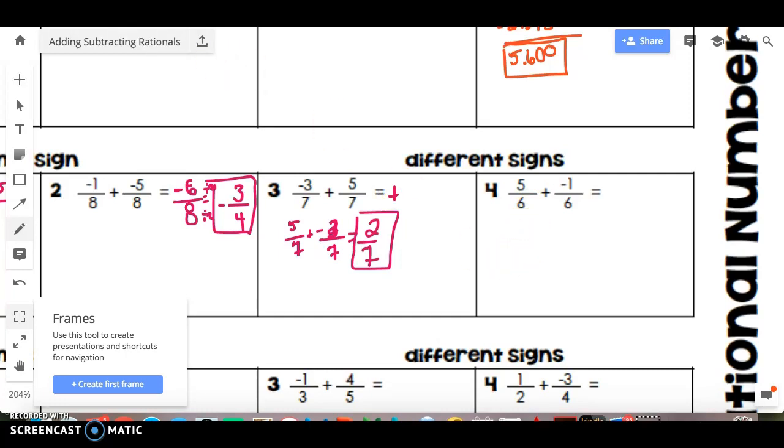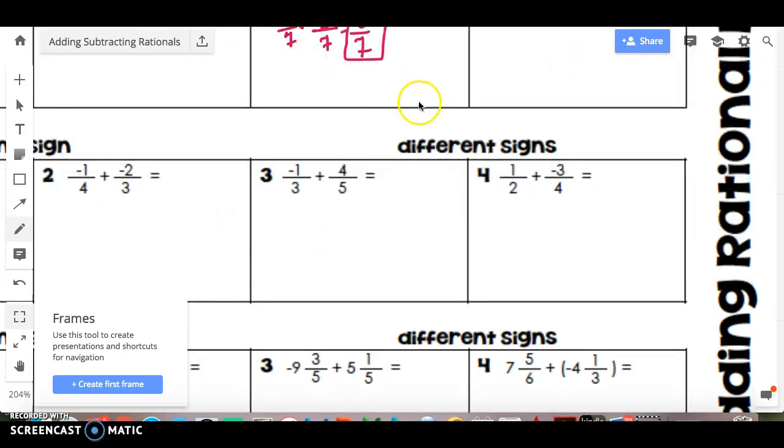All right. Let's take some that have different denominators. We don't have a like denominator. They're not like. So we have to find a common denominator. There are 2 ways to do it. I'm going to show you both. Way number 1 is to list the multiples of both.